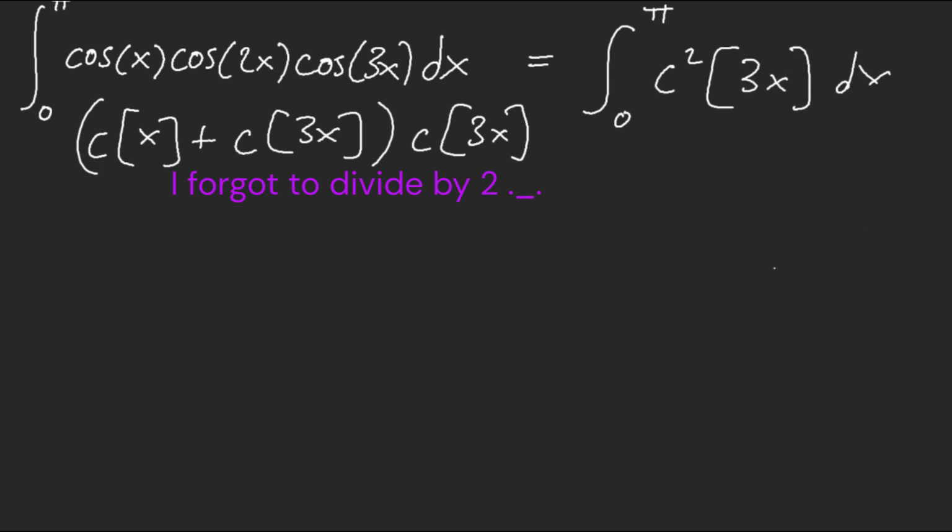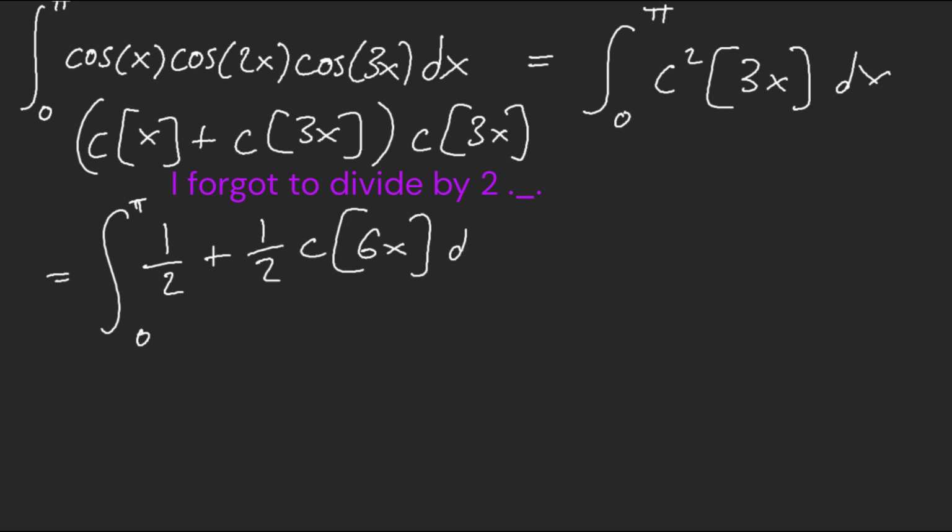And then that's going to equal what? A half plus cosine of 6x. That's going to cancel out, because that's going to become a sine, and then sine of pi minus sine of 0. They're going to cancel each other out. That term right here is 0 by periodicity.